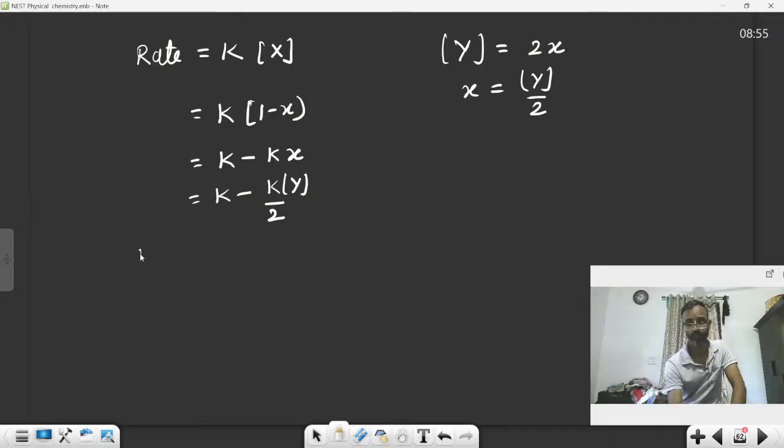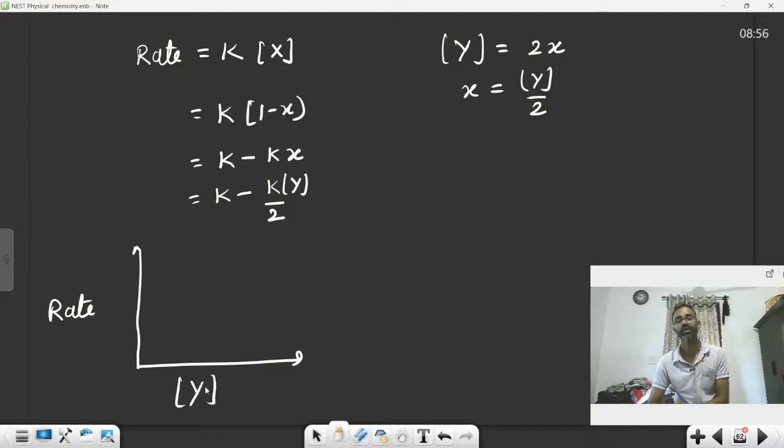That means if we plot a graph, rate versus Y, what kind of graph will come? Yes beta, rate is equal to C minus mx.